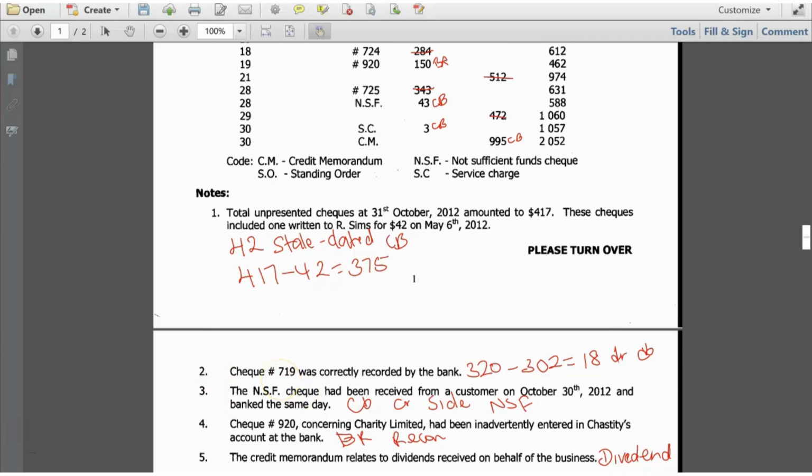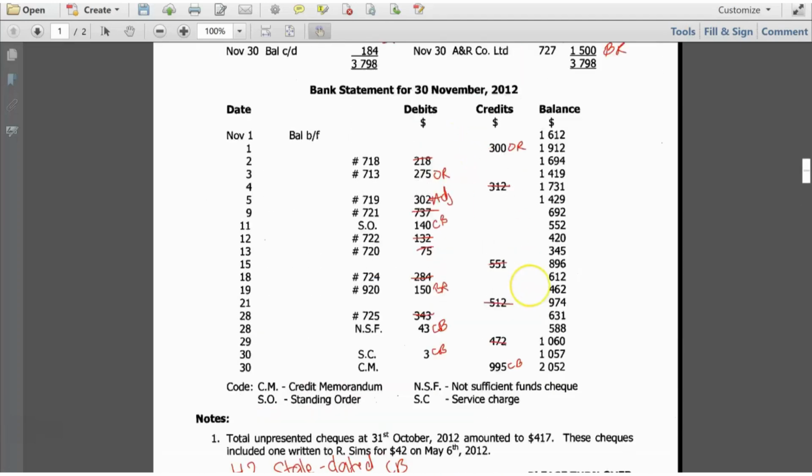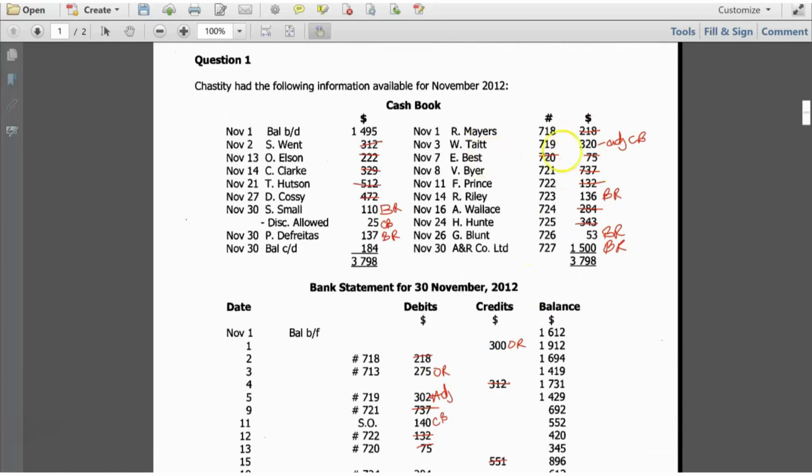Now we can look at check 719 where we have the adjustment that needs to be made. Let's just recall that the note said that the bank correctly recorded the amount, and the bank recorded that amount as 302, but our cash book has it as 320. So it is overstated in the cash book. So in order to reduce that, or to bring the money back in, we would have to debit the cash book for the difference.